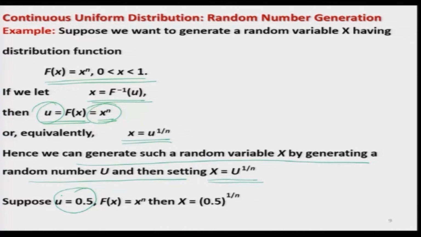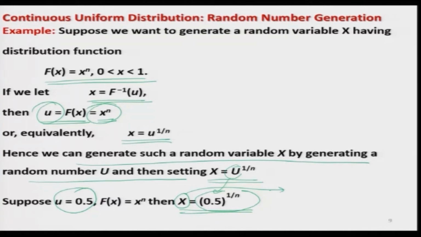If I substitute 0.5, I get x equal to 0.5 raised to the power of 1 upon n. Here n is some known value, and then you can obtain this number. This number is not going to be 0.5 but something else, and it is denoted as one of the possible values of the random variable capital X.